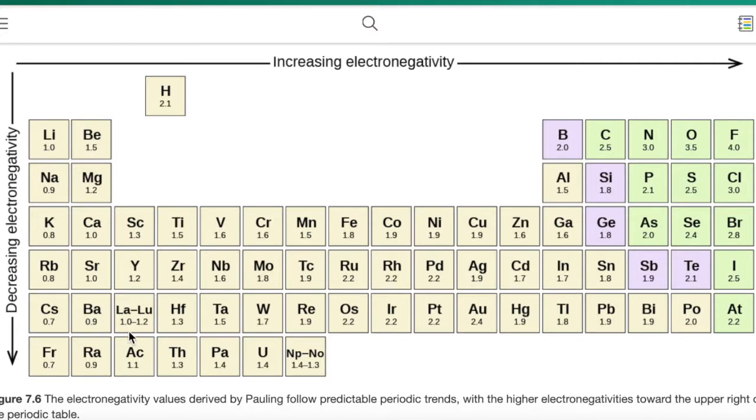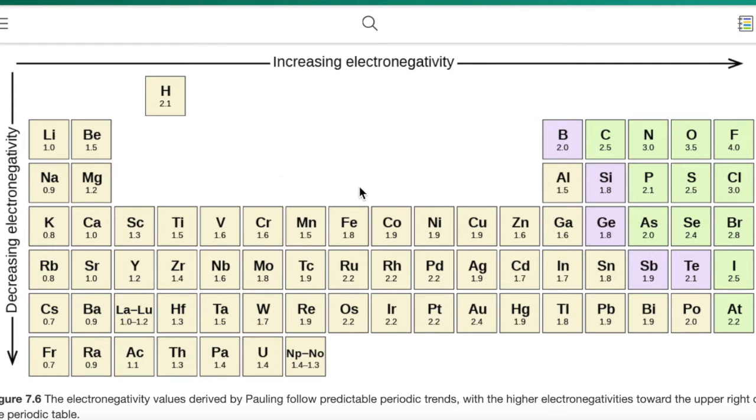We also have a graph here in your textbook of electronegativity values. They are highest up in the upper right-hand side of the periodic table. Fluorine is the most electronegative element. Down in this lower left is the least electronegative elements over here.